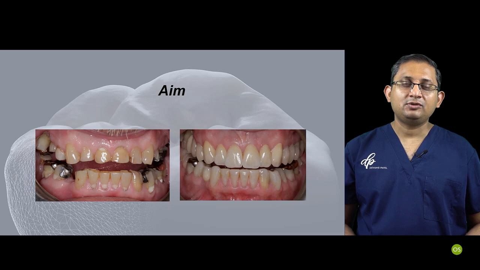So you should be able to look at the picture on the left and visualize the results on the right, or even better, show it to the patient confidently that you are able to do this.